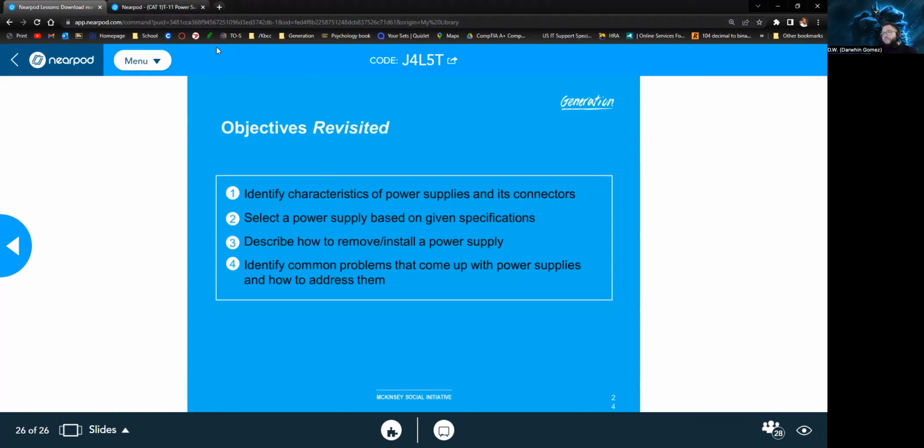All right. True or false? A power supply takes in direct current and switches it to alternating current. Okay. False. This is false, right? What does it do?